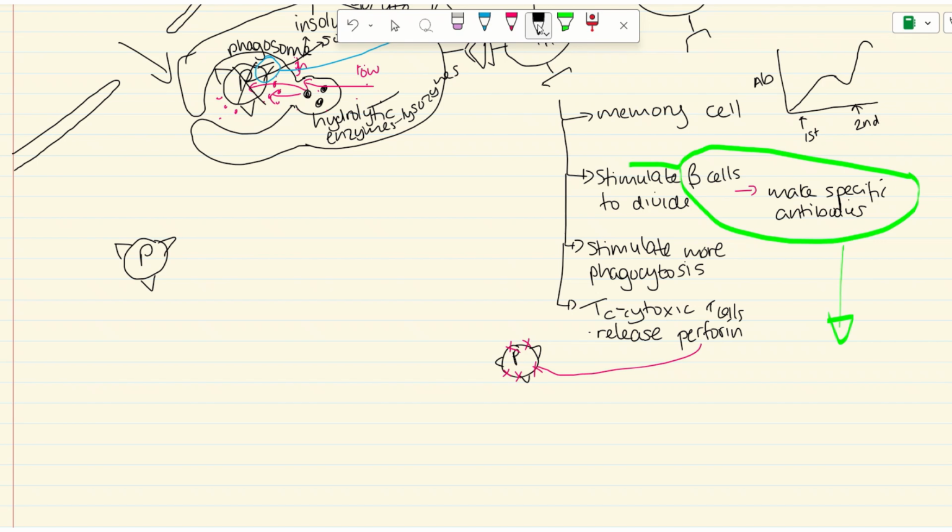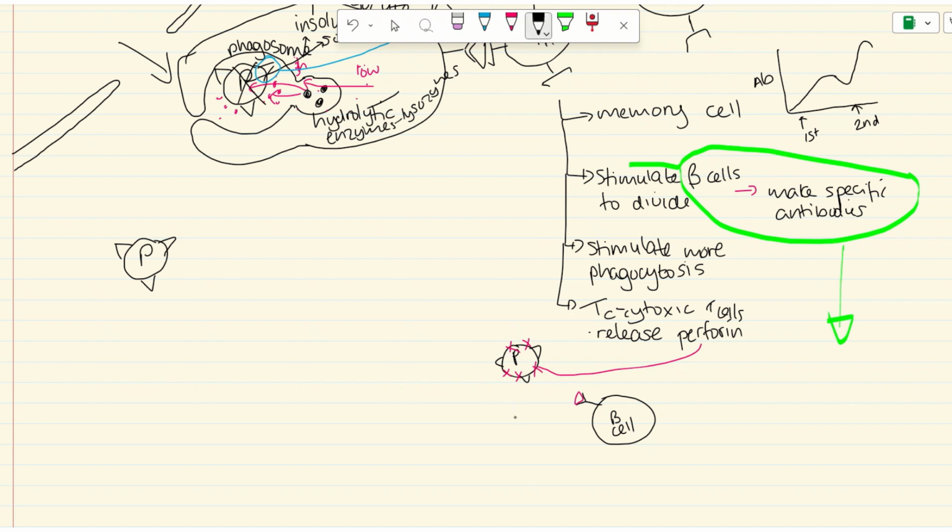Okay. So if there are lots and lots of B cells, that can only be a good thing. Because what the B cell will do, so we have our B cell here, and there's lots of them, it takes the antigen from the pathogen.